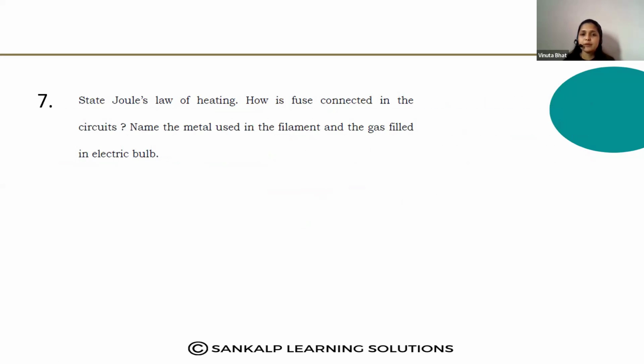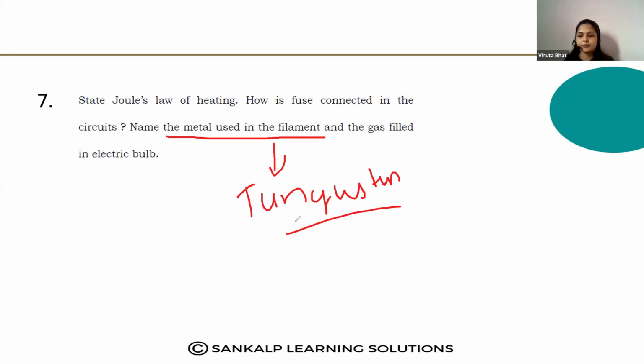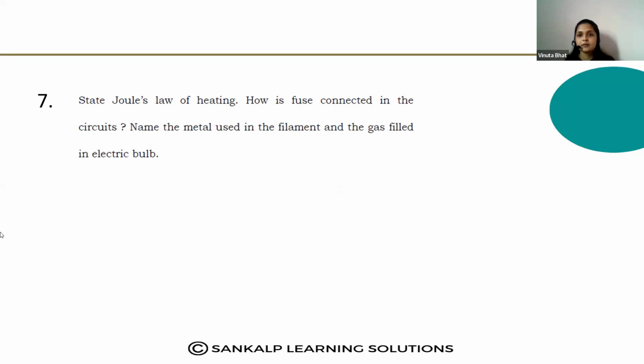That is Joule's heating principle. Next question. Name the metal used in the filament and the gas filled in the electric bulb. Which metal is used to form the filament in the electric bulb? Tungsten is used. Tungsten filament is used here, and the gas filled is inert gases, argon and nitrogen.